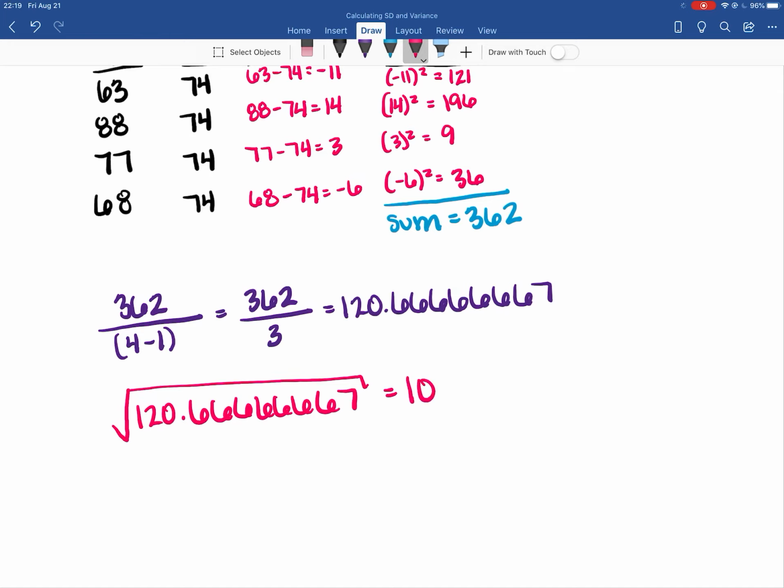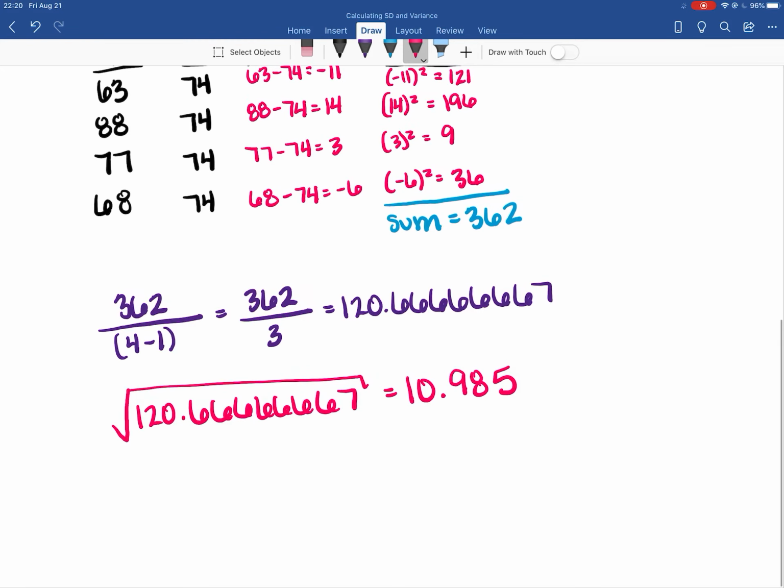And we get 10.985. You want to give at least 2 to 3 decimals, maybe more depending on how many decimals you had in the original data. If your original data is giving you more than 2 decimals, then you should be giving at least that many decimals in your standard deviation.